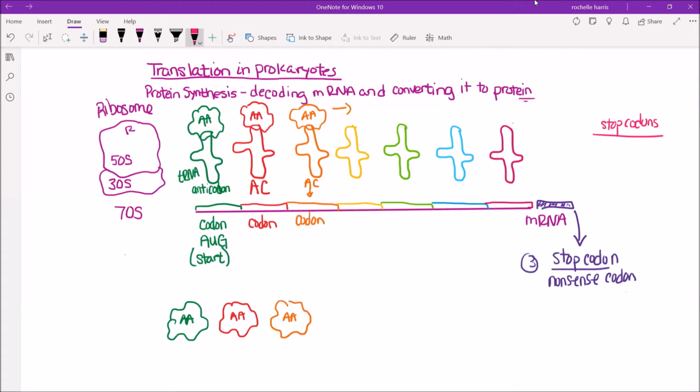Here, this is how I would remember it. It's 1 UAA, 2 UAG, and 3 UGA. So going across, we have UAA.